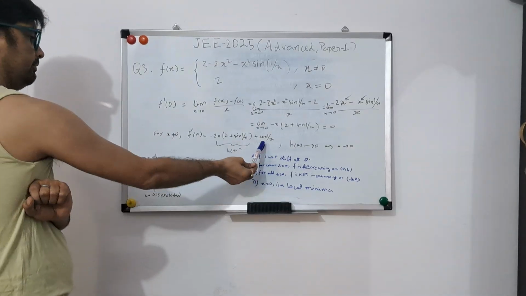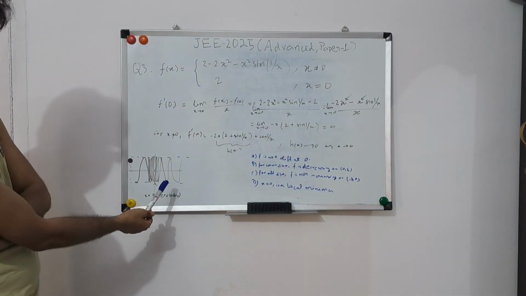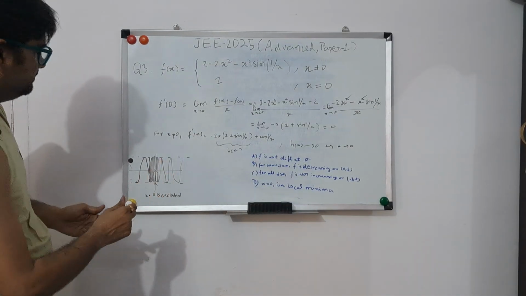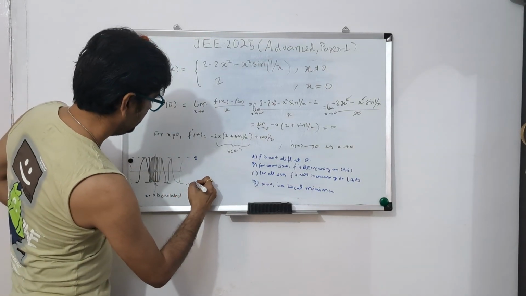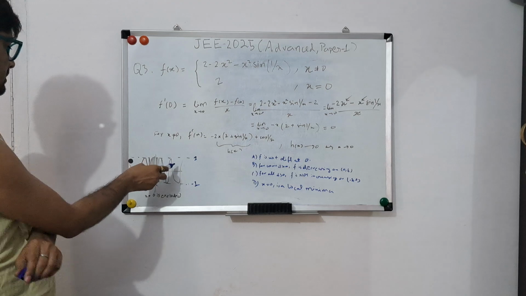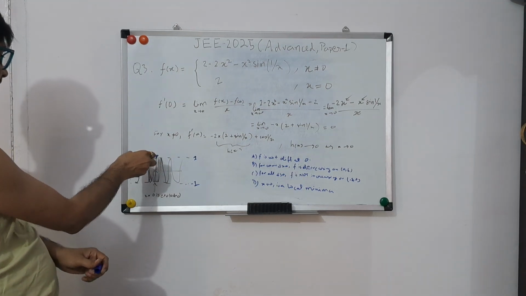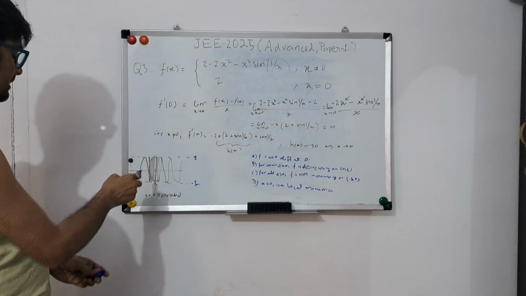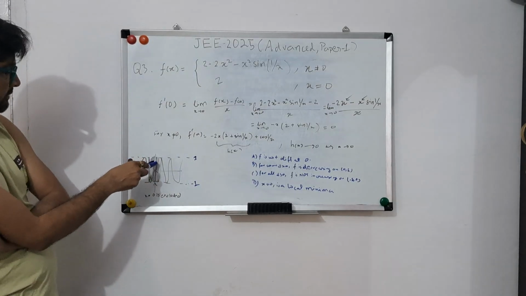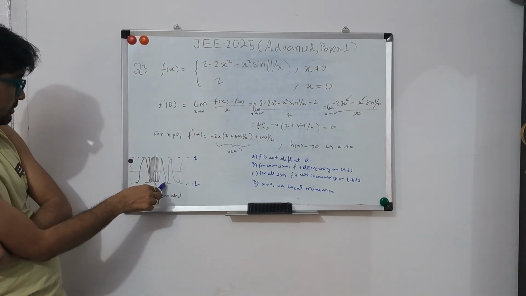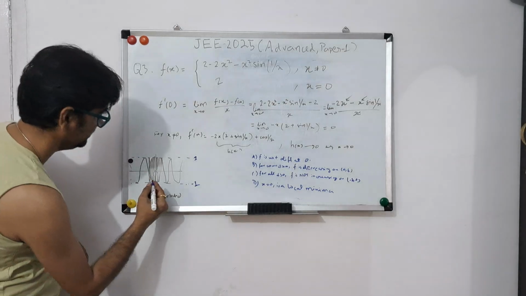The graph of cos 1 by x is something like this. It stays within 1 and minus 1, but it keeps oscillating between 1 and minus 1, and it attains the values 1 and minus 1 infinitely many times as x goes to 0 in both directions.